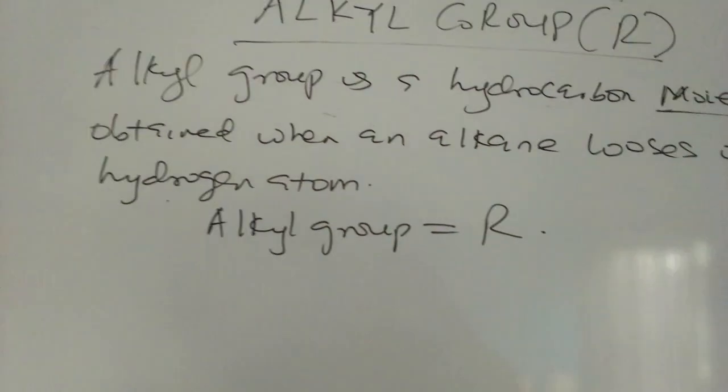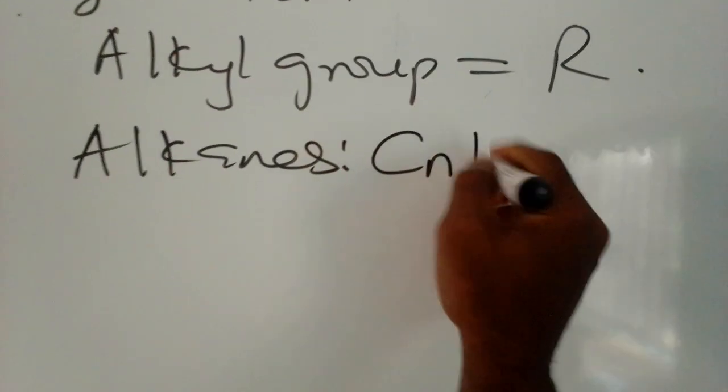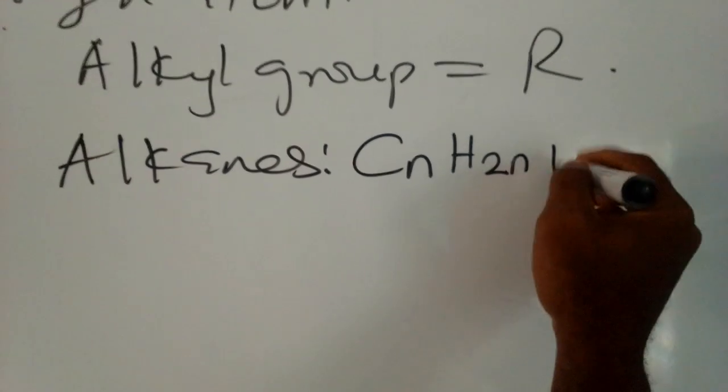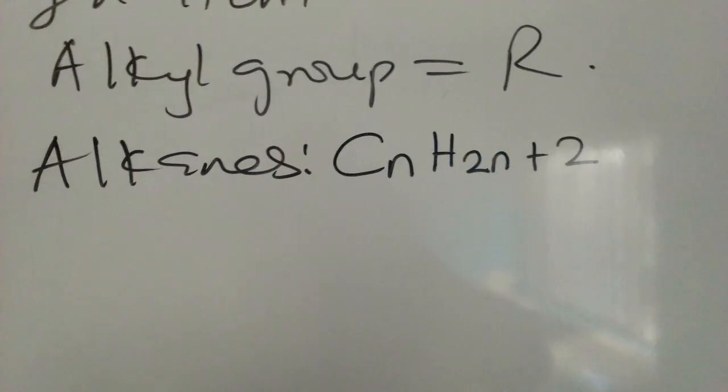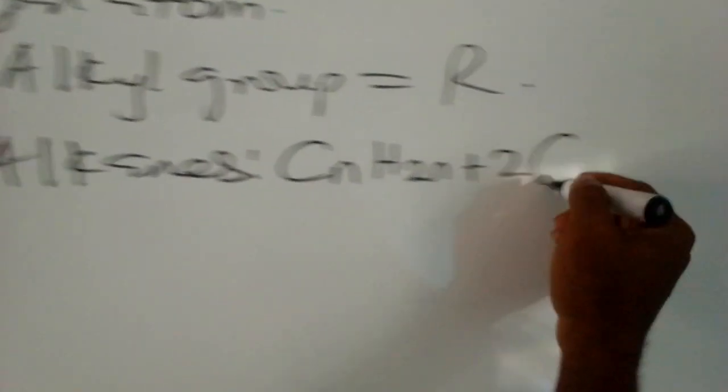So we know in chemistry that alkanes have the general formula of CnH2n+2. Alkanes have earlier on been treated on this channel, with n starting from 1. Now for the Alkyl group, what will be the general formula?